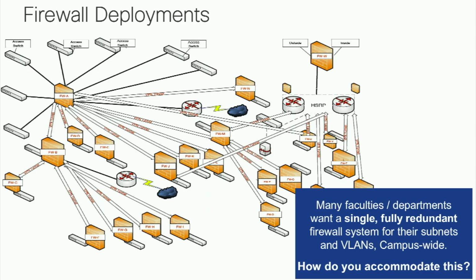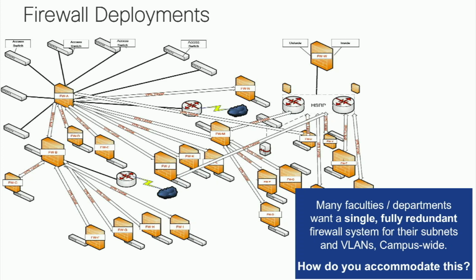So today, we have a lot of different firewalls. This is a bit extreme, but I'm sure you'll get the idea. For us to have stateful inspection, we have to implement firewalls in different locations. They may be in front of our data center. They may be in between two different campuses. They may be in between two different layer 3 domains, two different fabric domains, etc. What this means is we have all these different firewalls that we have to manage, right?